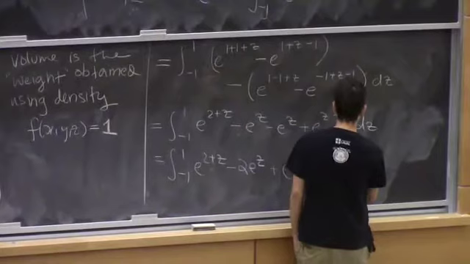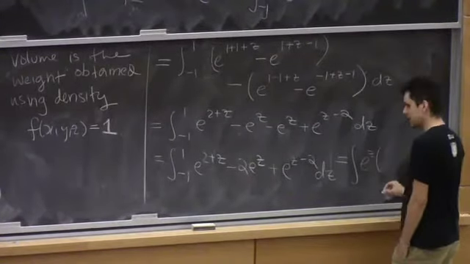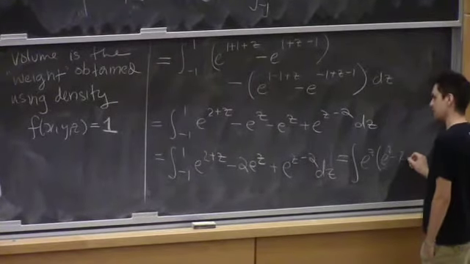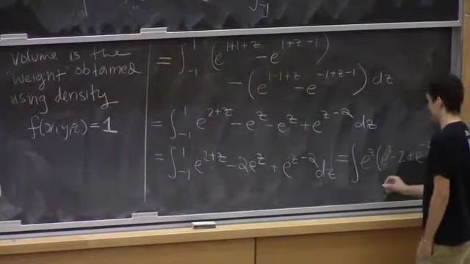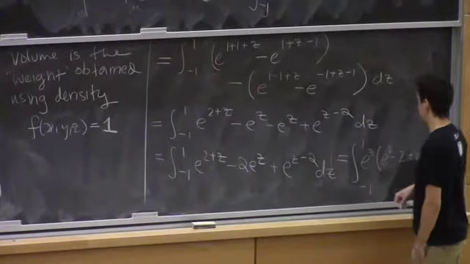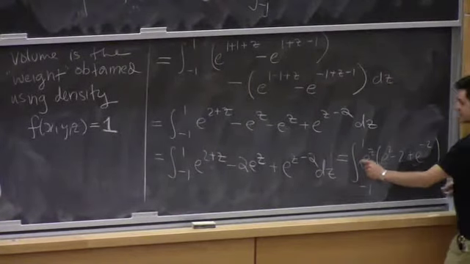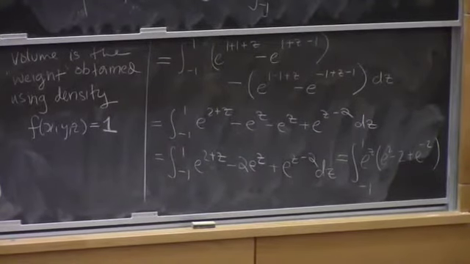So we might as well think of this as e to the z times (e to the 2 minus 2) from negative 1 to 1. We can factor this e to the z out everywhere and make our function a little bit nicer to integrate.